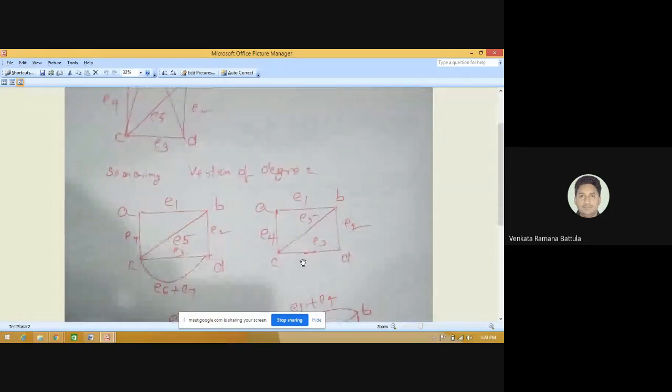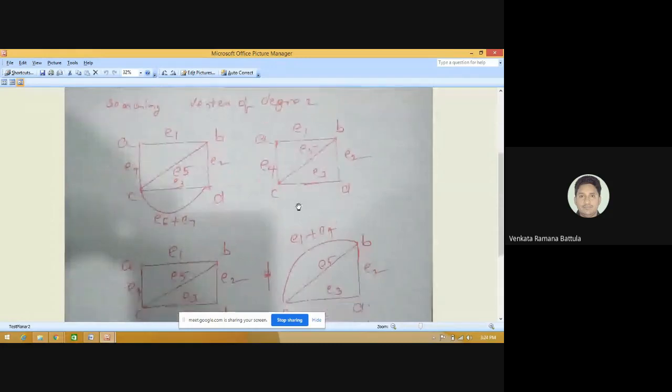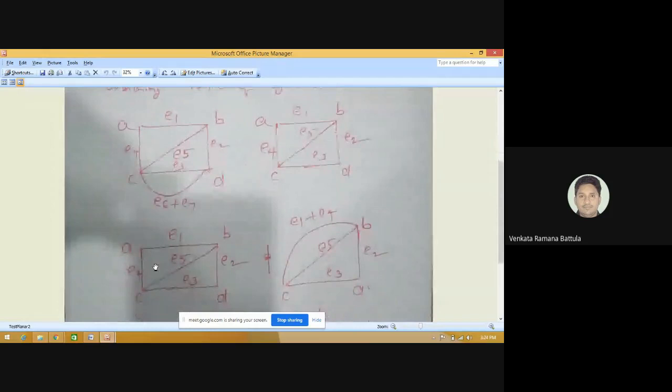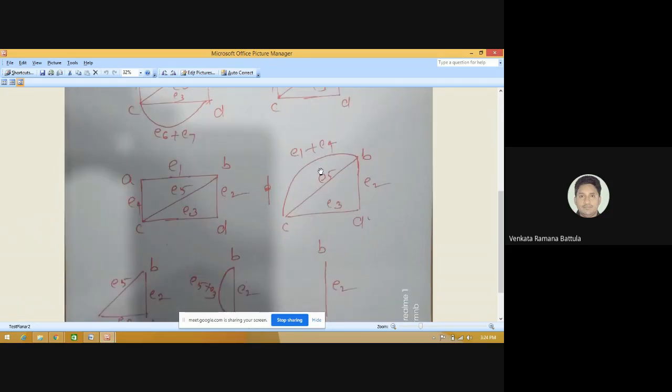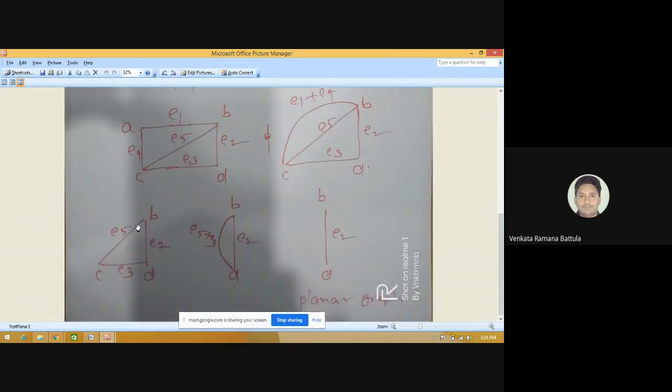Then identify any vertex of degree 2. Here A and D again have degree 2. In this example, I'm taking A. To reach B from C, we have E5. I can also reach through E4 and E1. So I can replace this by an edge of length E1 plus E4. Yes, a parallel edge is created, so now we need to remove it. Once we remove it, again identify any vertex of degree 2.